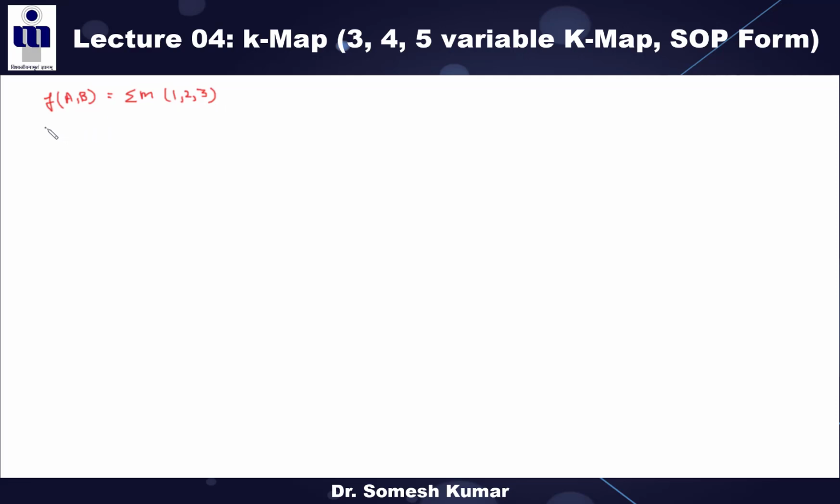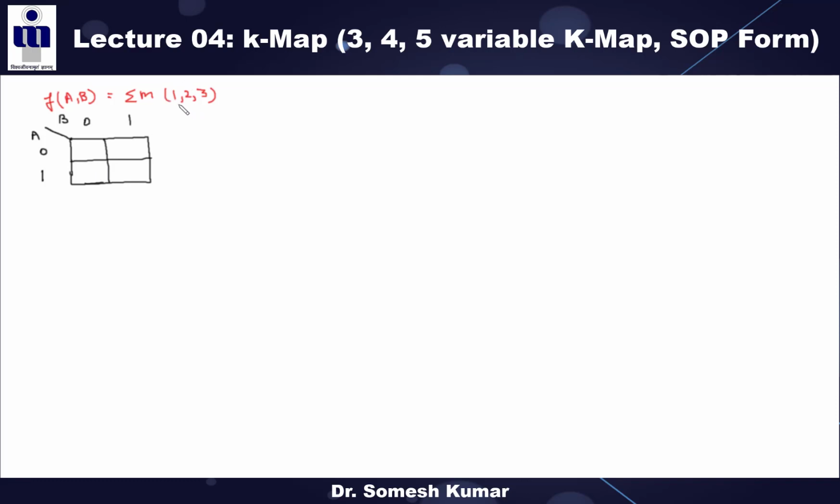So how to draw the K-map for this? You know, for two variables, how many cells? Only 4 cells, right? Here we can take A, here B, and here 0, 1, 0, 1, right? So you know about the numbering.